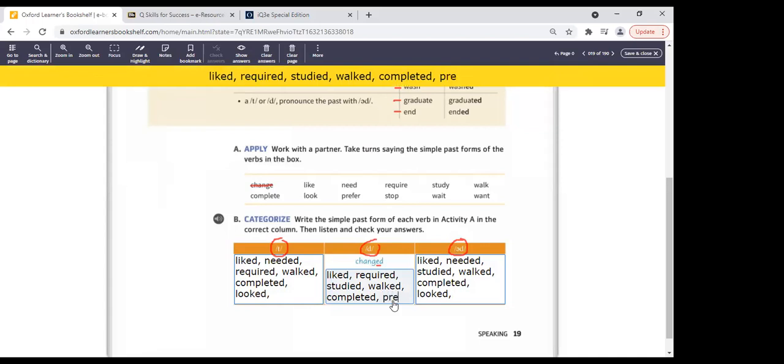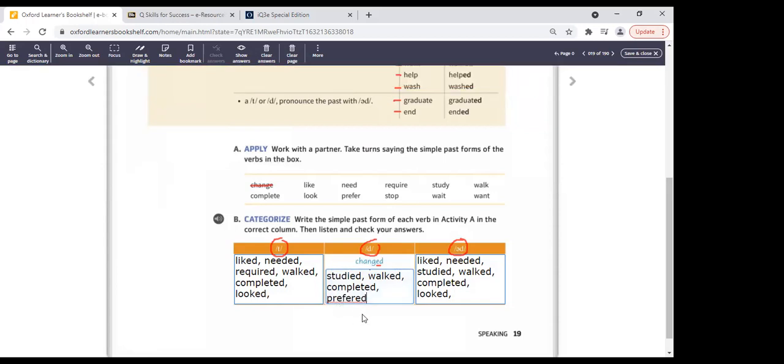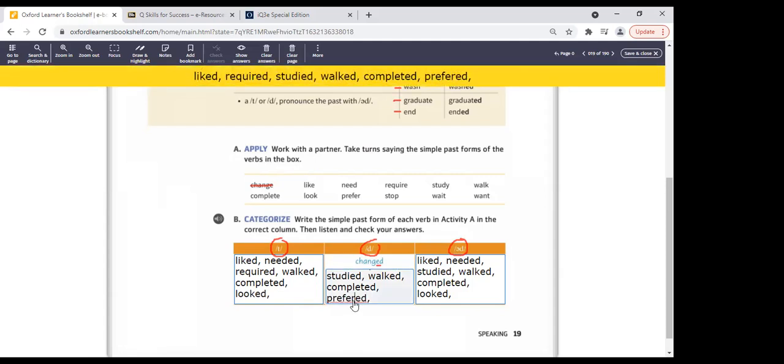Everyone agrees? Yes. Oh, wow. One word, everyone agrees. What happened here? Preferred. Okay. Double R. It's not double R, it's single R. Preferred.